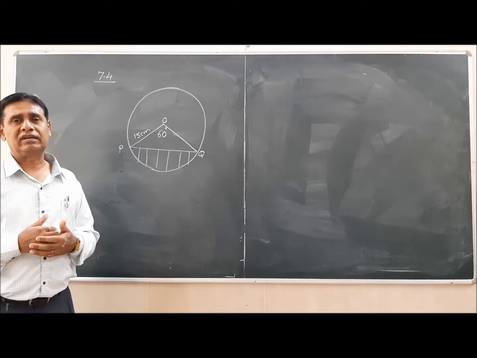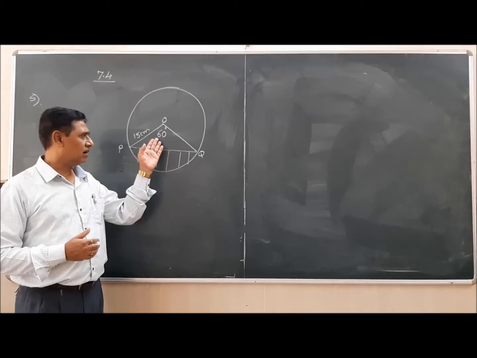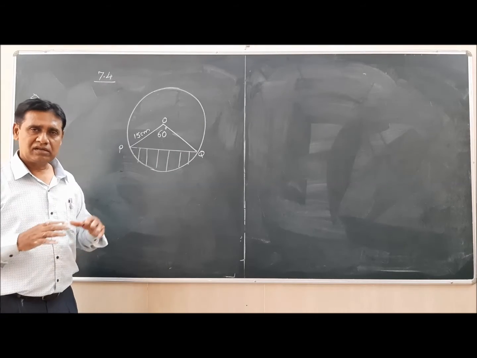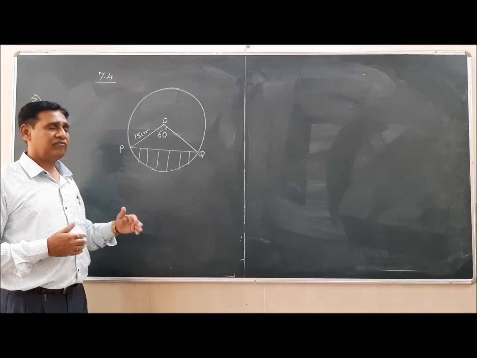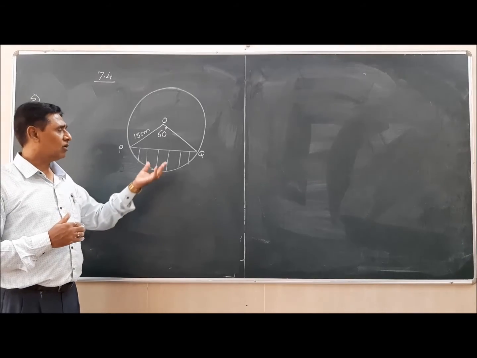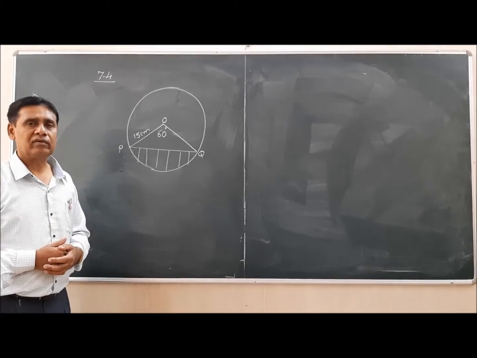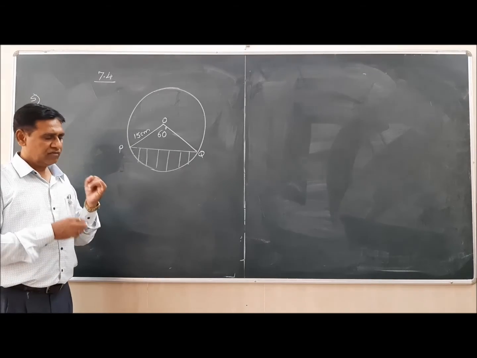Why do I have to calculate the area of the circle? Because I can find the area of the minor segment very easily using our general formula, which I am using right from the beginning. Then from the area of the circle, I will subtract the area of this minor segment. Naturally, I will get the area of the major segment. So in 3 parts we have to do the calculations.